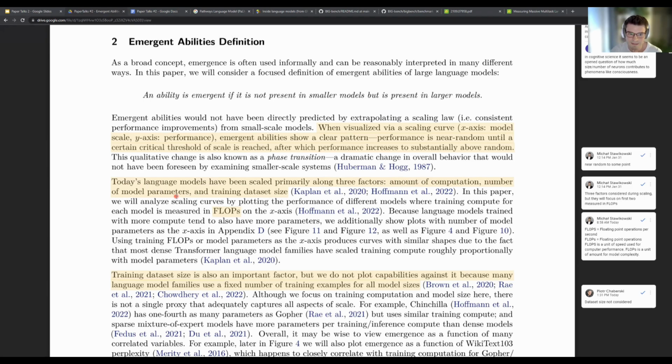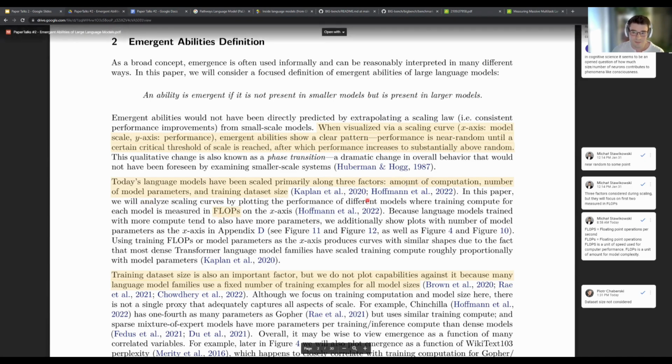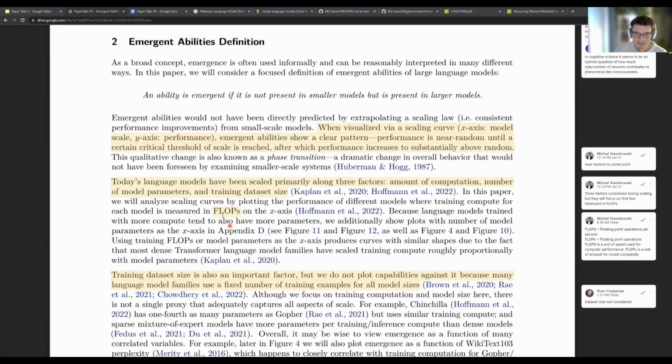For that, they are using 2 different metrics: number of parameters for the number of model parameters, and FLOPs for the amount of computation. I was at first a little bit surprised, because what I was familiar with was FLOPS, floating point operations per second, which is measured for computer performance, how fast a specific computer works.